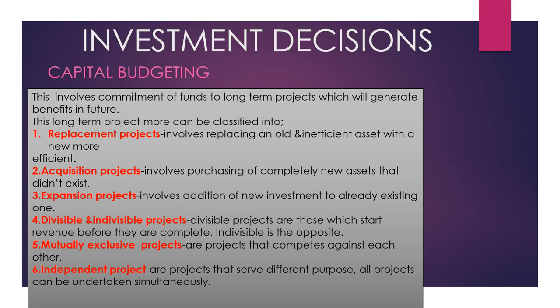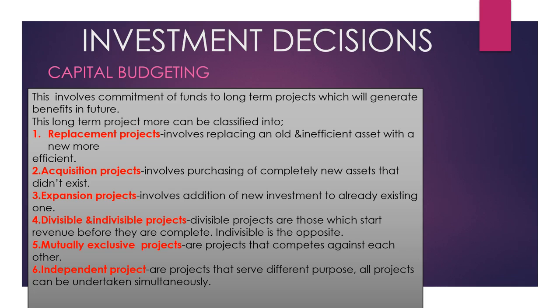Classification number 5 is called mutually exclusive project. Mutually exclusive projects are projects that compete against each other. I'll give you an example. Let's say, for instance, a manufacturer who has 2 options. Option 1, he wants to expand his existing plant, and option 2, he wants to build a new separate plant, in order to increase production capacity.